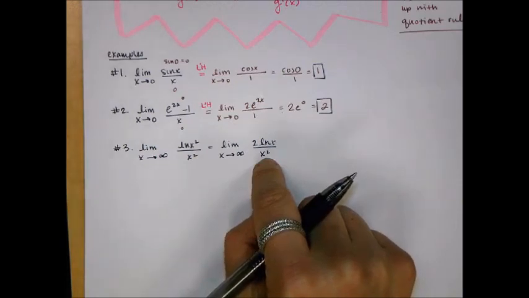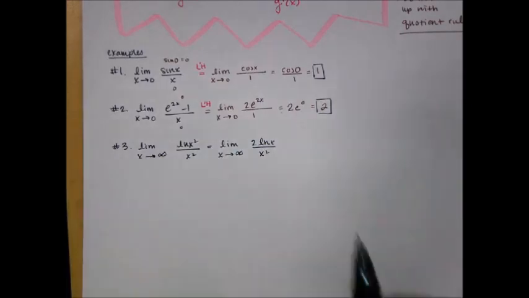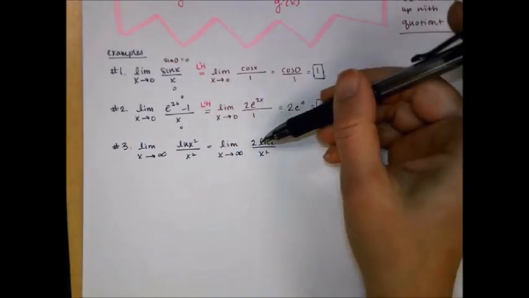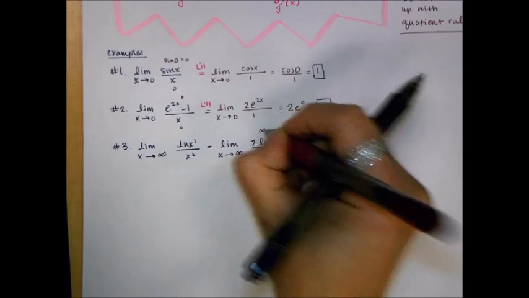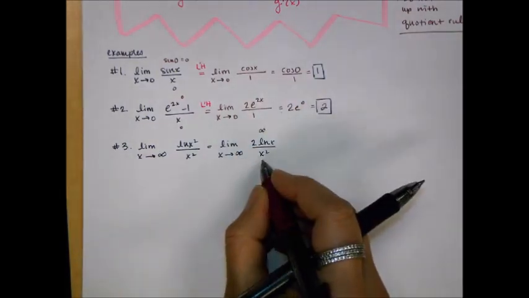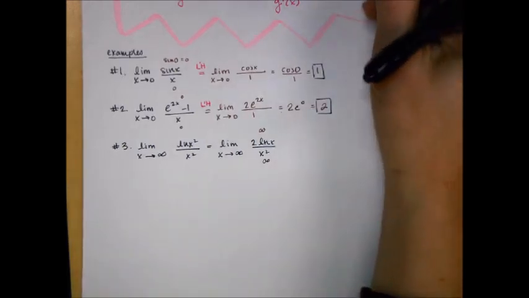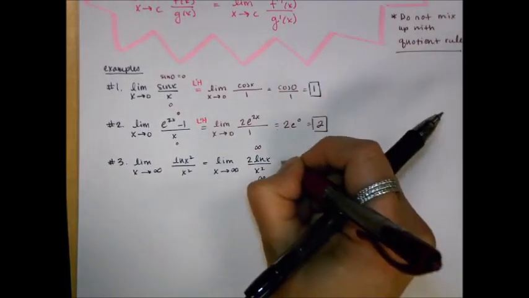But let's go ahead and verify this with L'Hopital's rule. So if I want to plug in infinity or a really big number, natural log of a very big number is a very big number. And if I plug in a very big number here and square it, again, I get a very big number. So this is just the indeterminate form, infinity over infinity, in which case we can apply L'Hopital's rule.